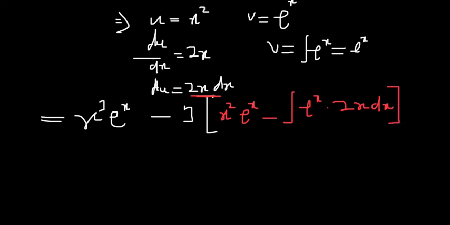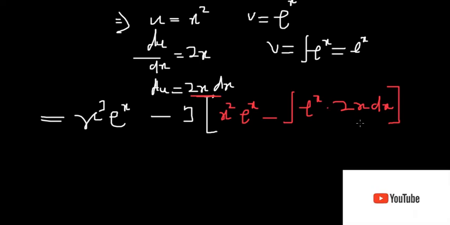Now from here you could notice that this is a bit complex again, so we have to break it down. That's why initially I stated that when you get to a certain portion, you need to break the integral down. But from here you could just try to simplify this.